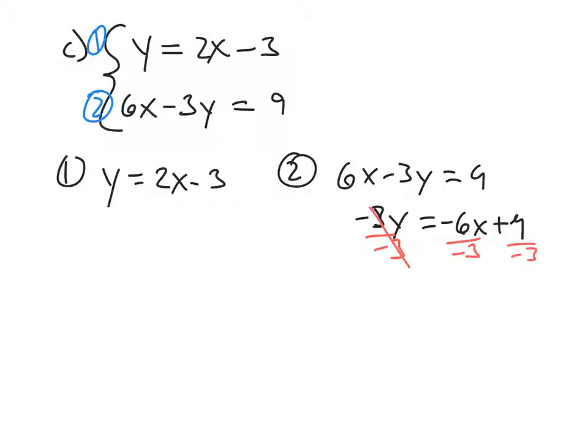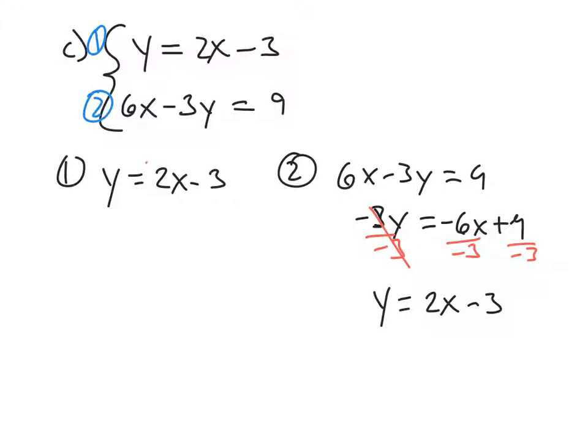So when I do that, I get y equals negative 6x divided by negative 3 gives me what? 2x. Negative 6x divided by a negative 3 gives me 2x. Positive 9 divided by a negative 3 is negative 3.